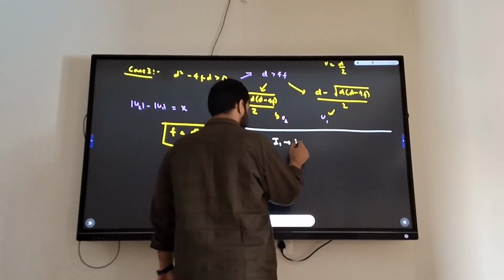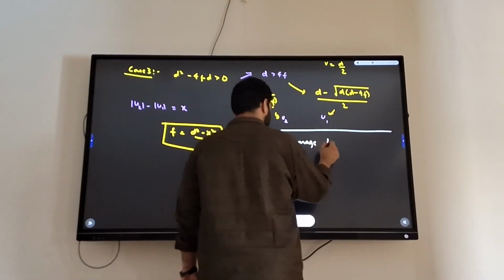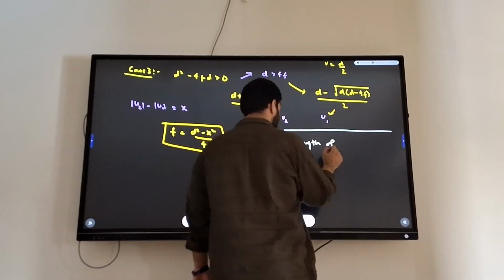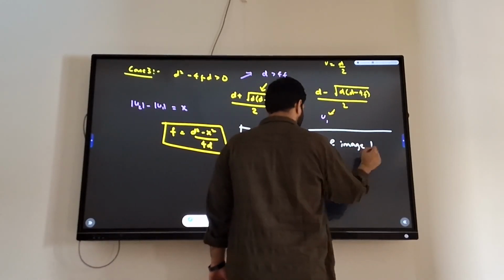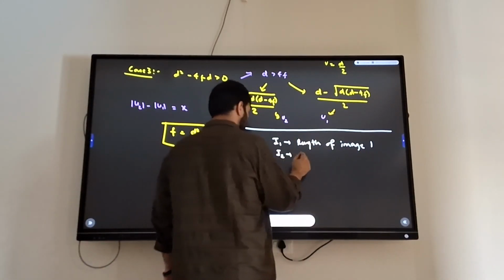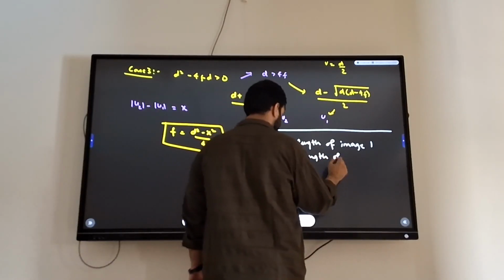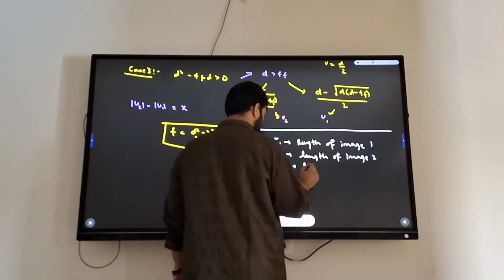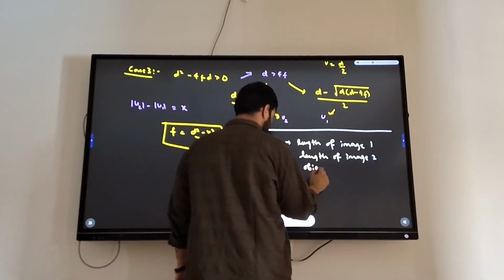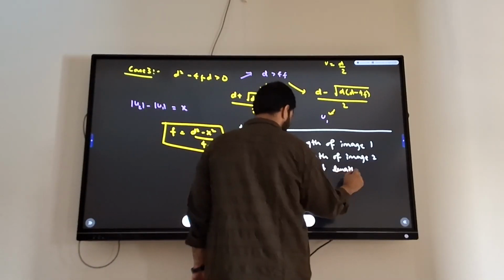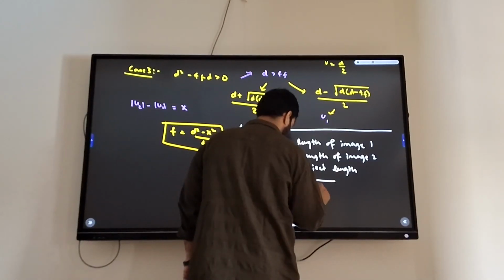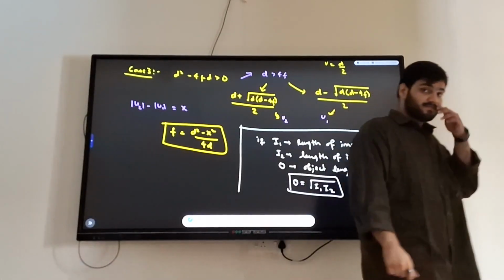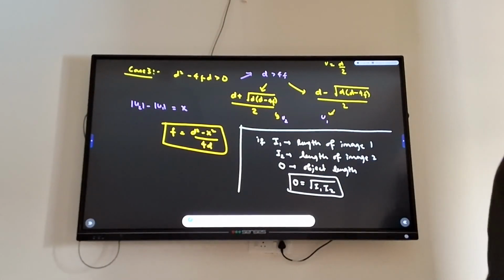I1 is the length of image 1, I2 is the length of image 2, and O is the object length. Then the relation is this. You can check it if you want in DC quantity.